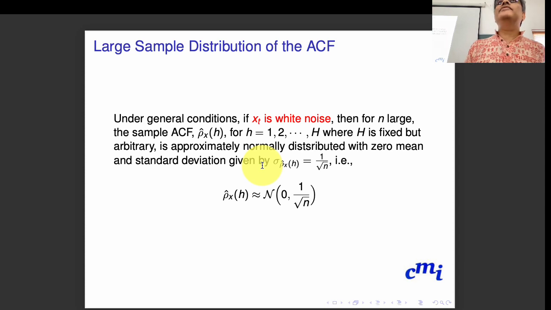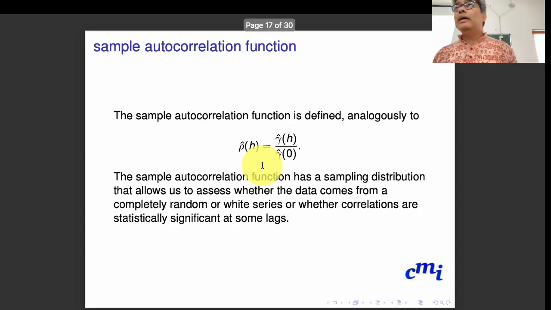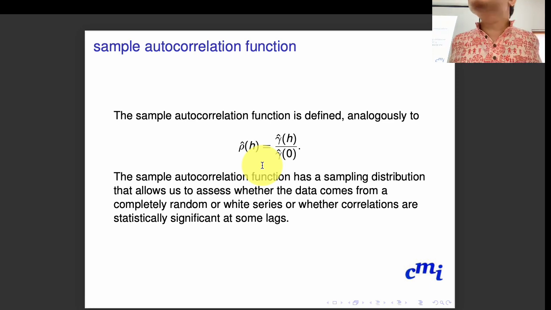Once you have an estimator, you'd like to know what is the sampling distribution of that, and unfortunately the sampling distribution will be something very cumbersome.